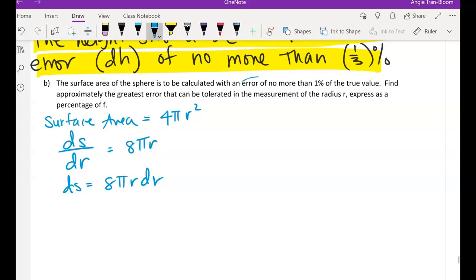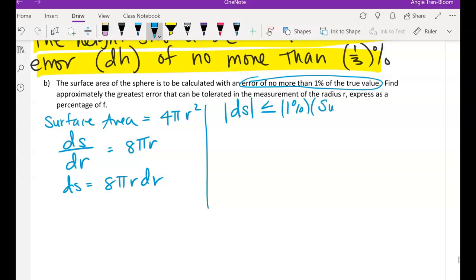Okay, so an error of no more than 1% of its true value. That means your change in surface area is no more than 1% of the surface area. That's what it means, right? So let's figure it out. ds is this guy.